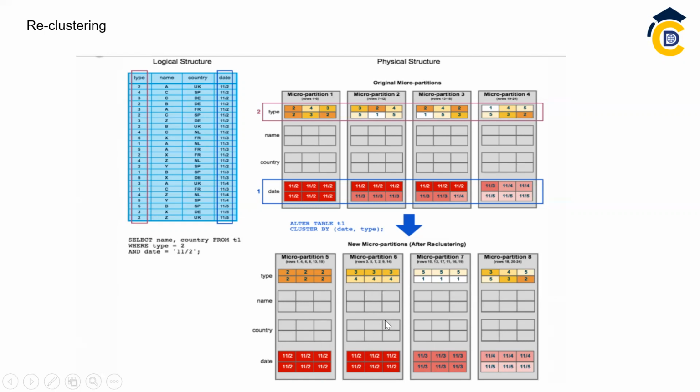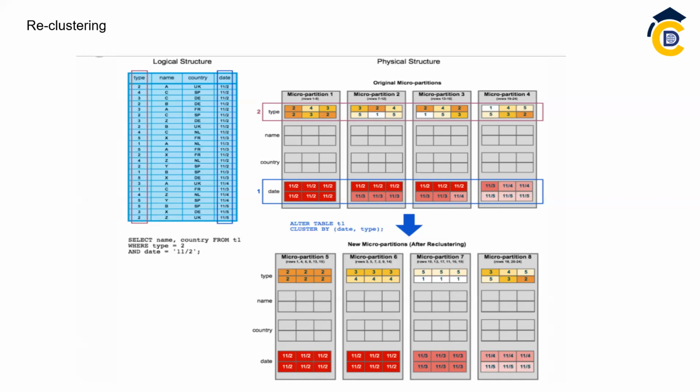Snowflake doesn't do that. Snowflake will not create another partition where 11/4 consumes 20 MB again. It will not create partitions that way because the limit is 50 to 500 MB. It will follow that rule.